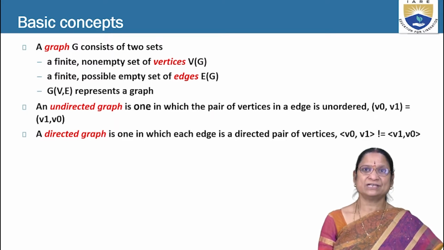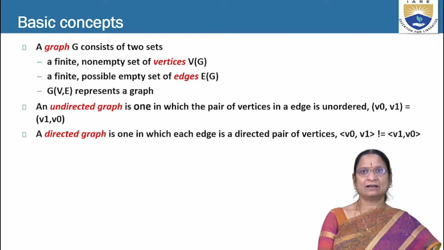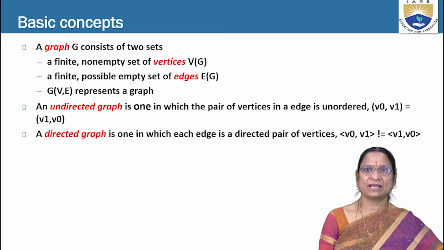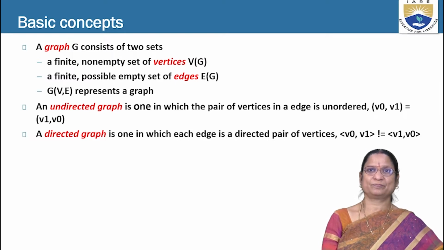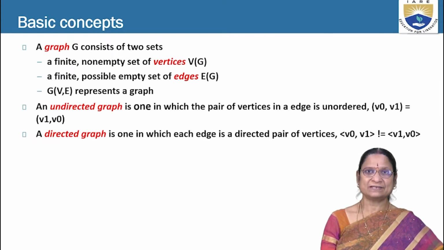So a graph without edges, having a single or multiple vertices without any connections, so partitions are there, we can say it is also a graph. A graph is represented as G of V comma E, where V is a set of vertices and E is the set of edges in general.